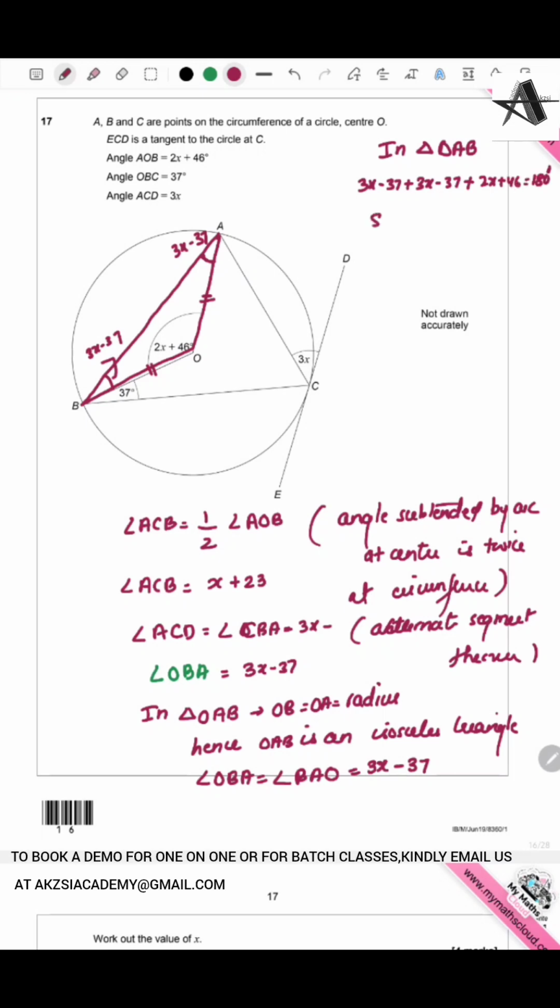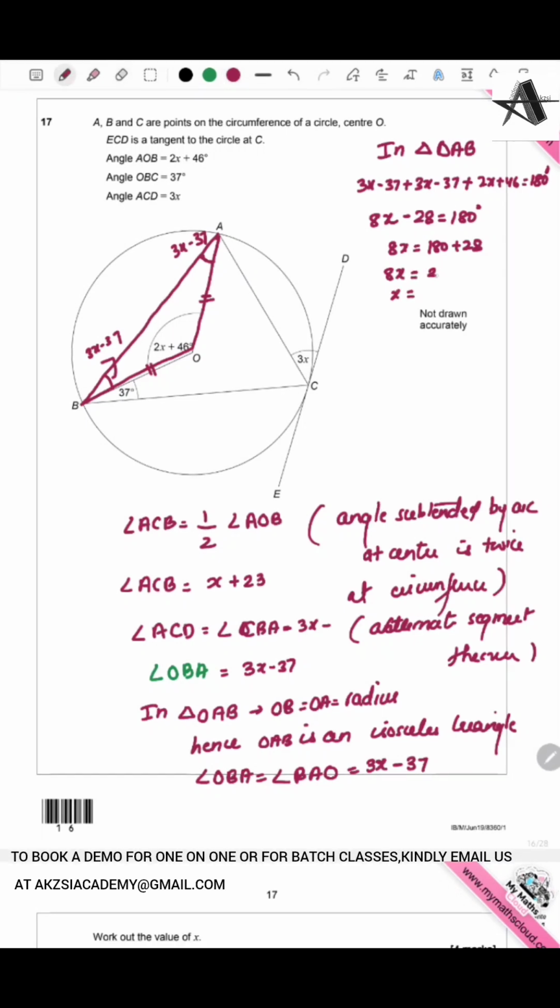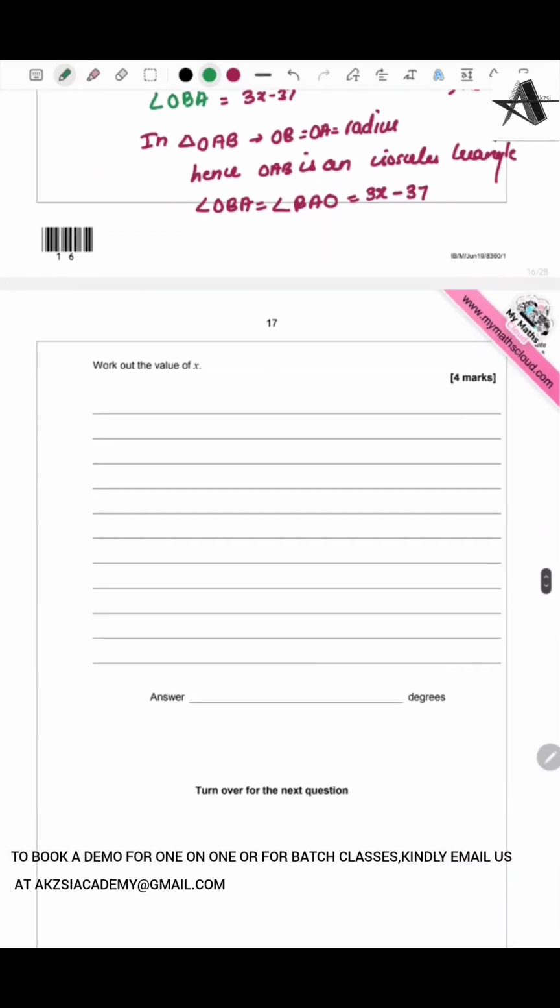This will give you 8x, minus 28, is equal to 180. 8x is equal to 180 plus 28. 8x is equal to 208. So it will be 208 over 8, which finally gives you 26 as the answer. So what's our answer? The value of x is 26 degrees.